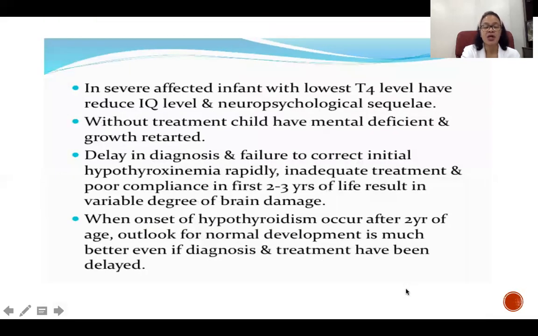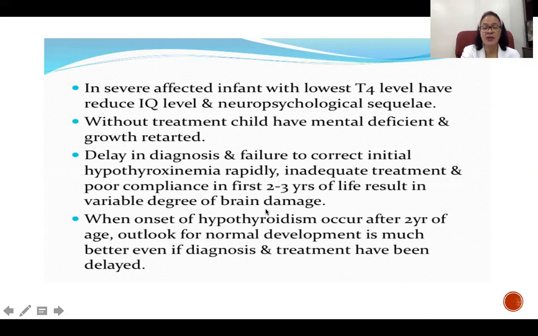In a severely affected infant with very low T4 and very high TSH, they may have reduced IQ level. And for those infants without treatment, they may have growth retardation and even mental retardation.